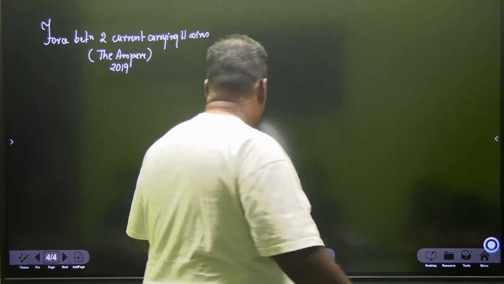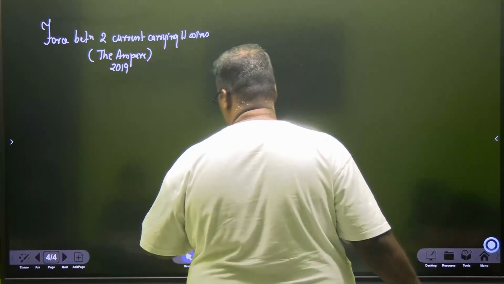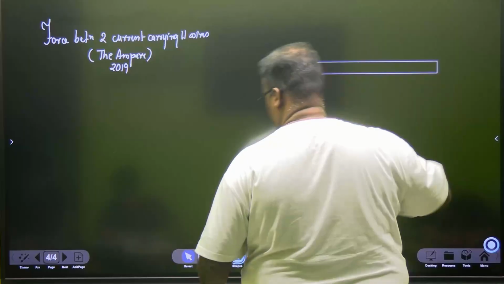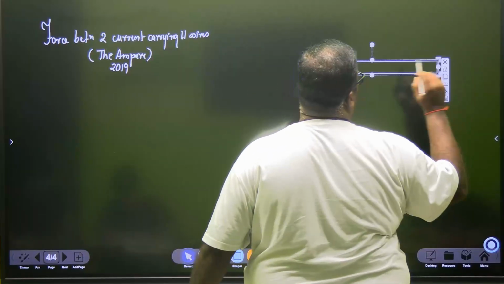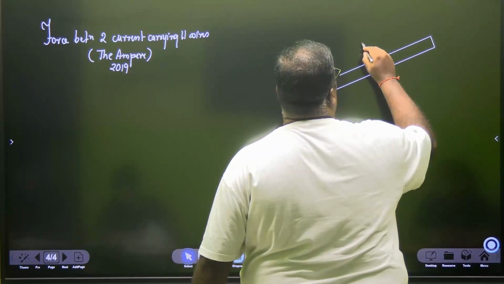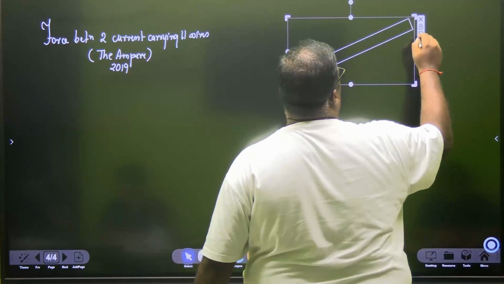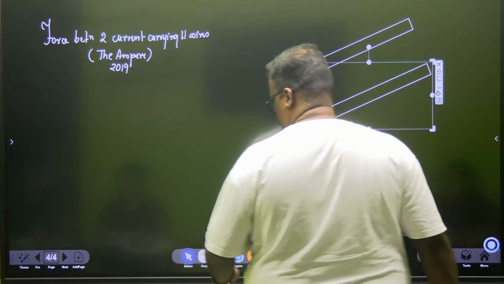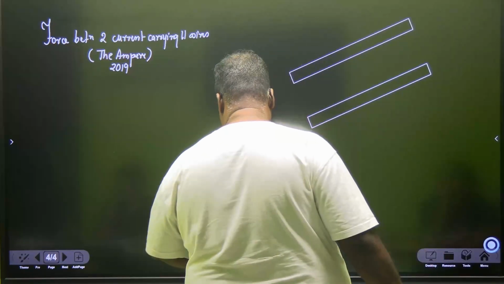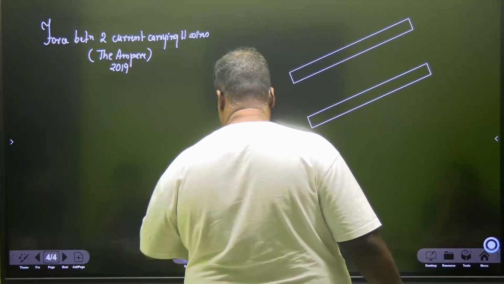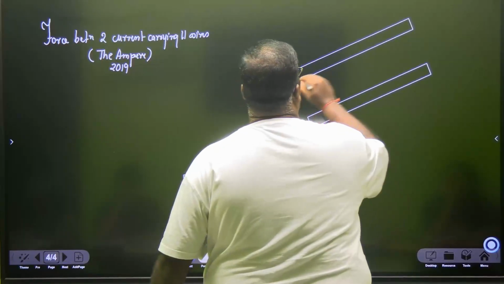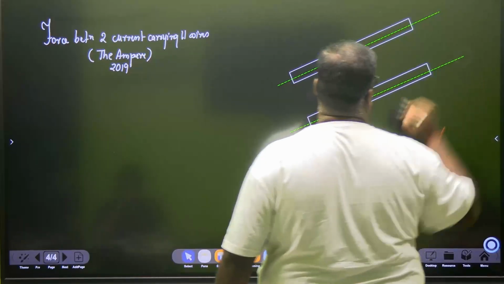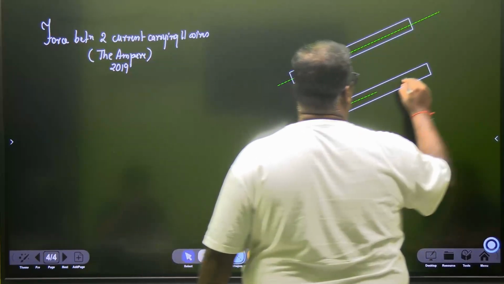Okay, so let's take two parallel current carrying conductors. See, this is one current carrying conductor. I'll make the axis of them. This is the axis of one, and this is the axis of the other one.